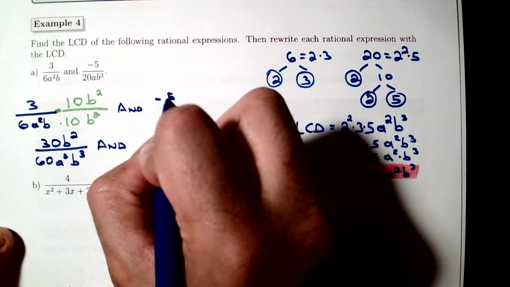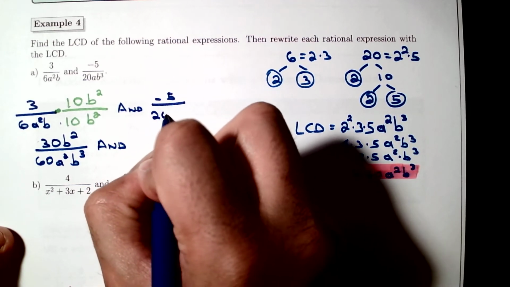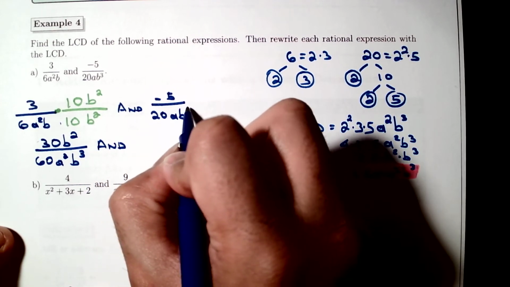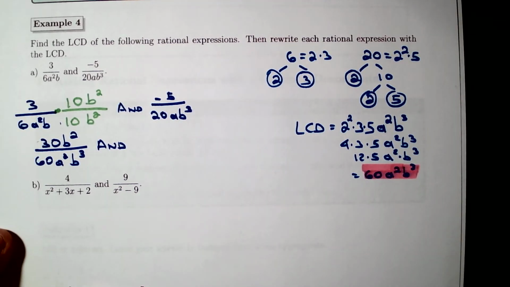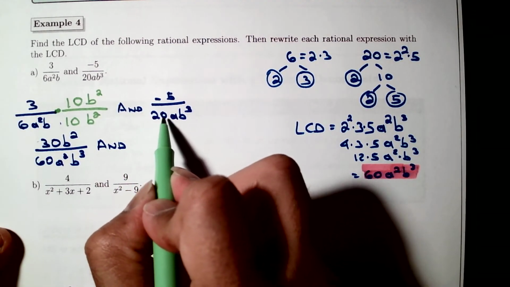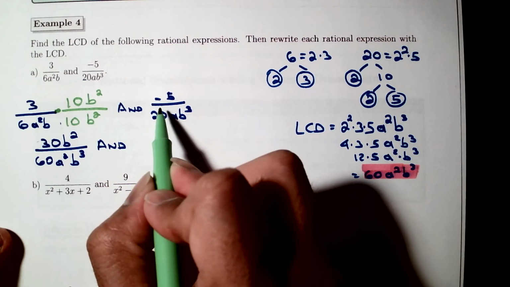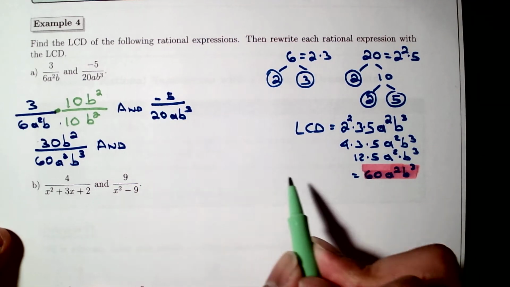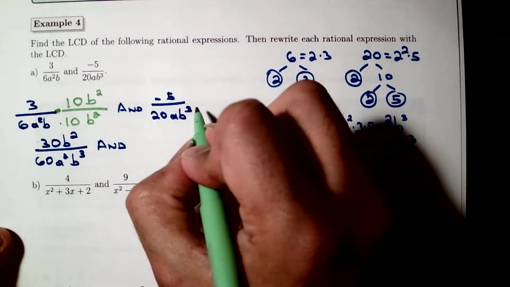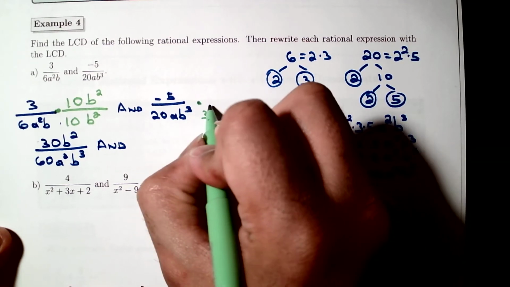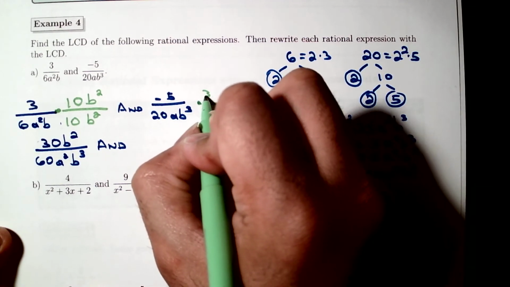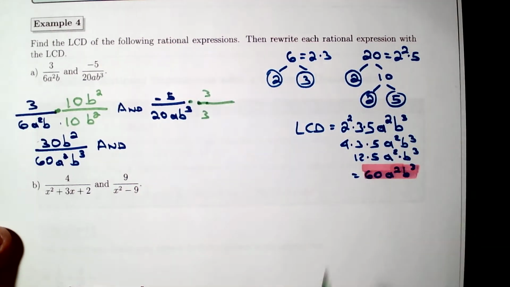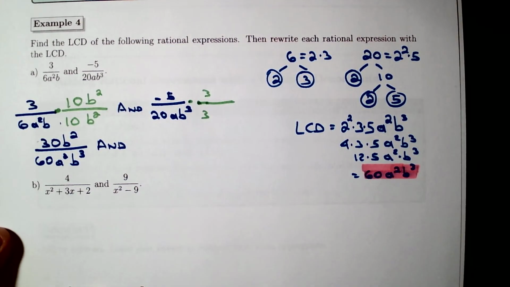So negative 5 over 20 ab cubed. So this 20 needs to be multiplied by what number to get a 60? Well, in this case, we need to multiply that by 3. Multiply both the numerator and the denominator.